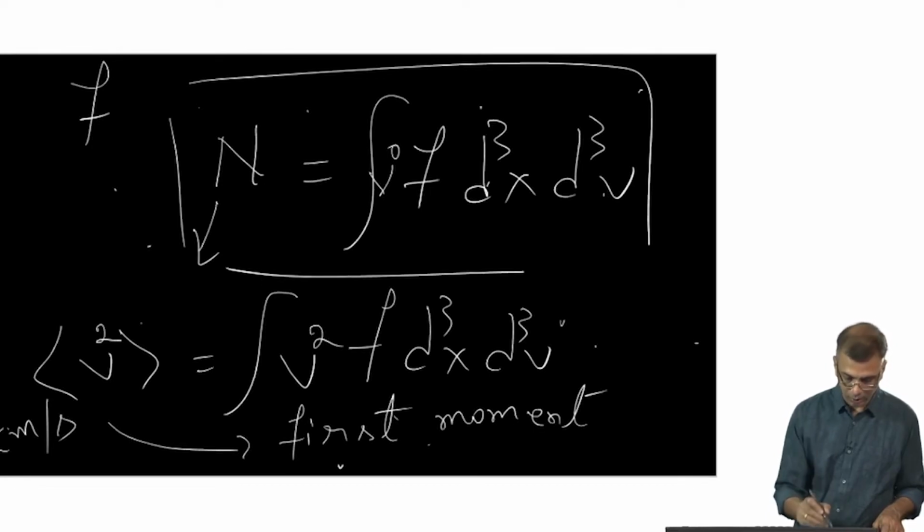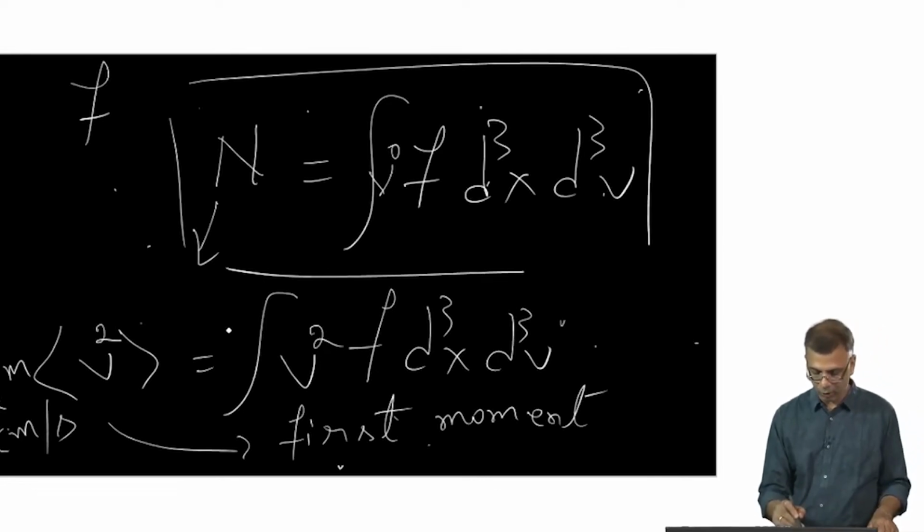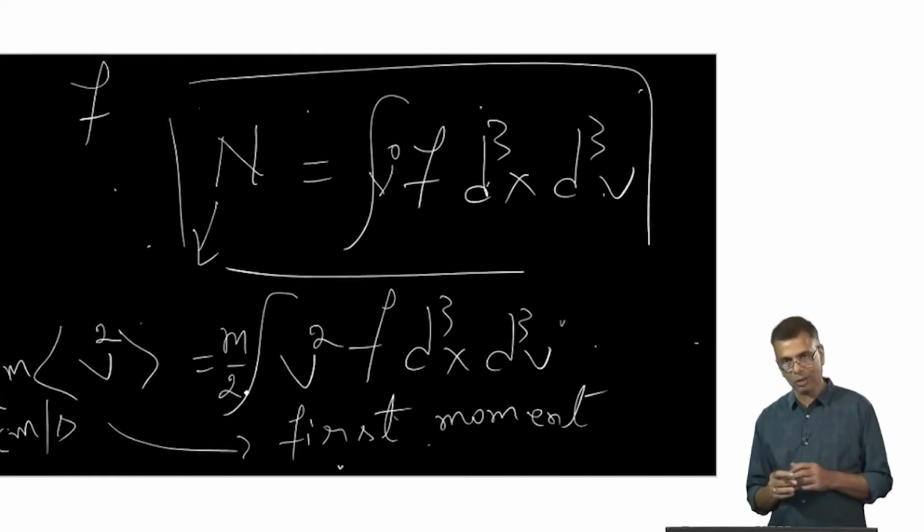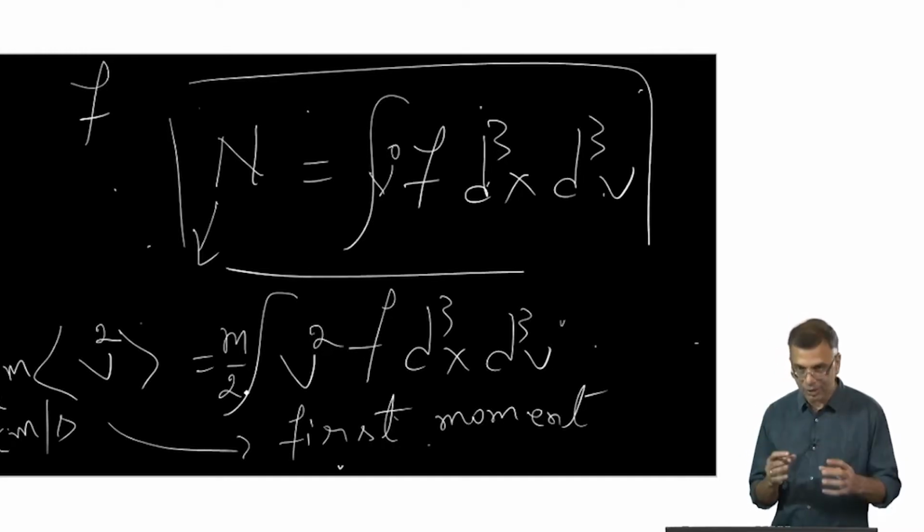I stick in a 1/2 m here, and I get a 1/2 mv squared, and of course I have to stick in an m/2 here also. So what is this? This is the average kinetic energy. Yeah. So you notice how I'm able to, and this is a macroscopic quantity, right? This characterizes the continuum, this is an average quantity. Okay. And what is the average kinetic energy?